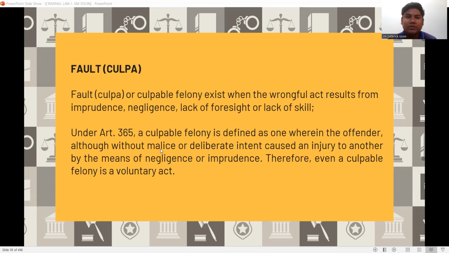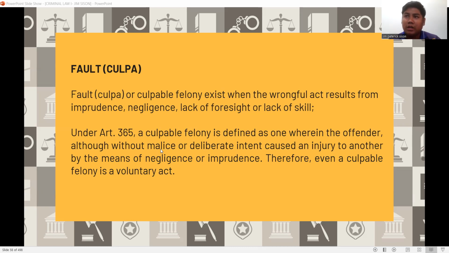So what are examples of fault or culpa? When you are overspeeding, driving your motorcycle or your vehicle, and then you hit a person. That's imprudence. You know there are pedestrians crossing, but you still speed. That's reckless imprudence.